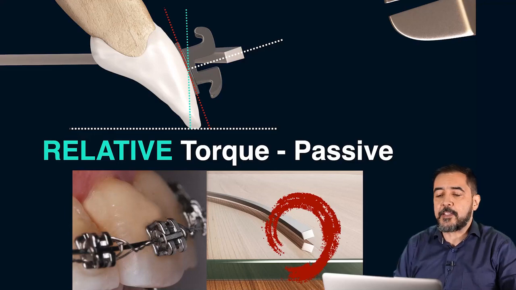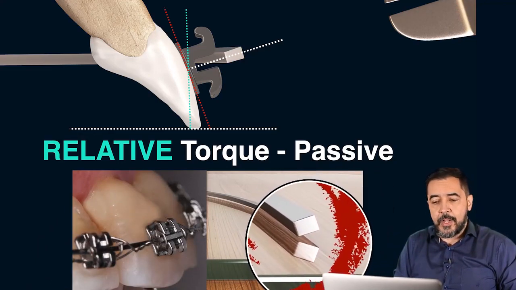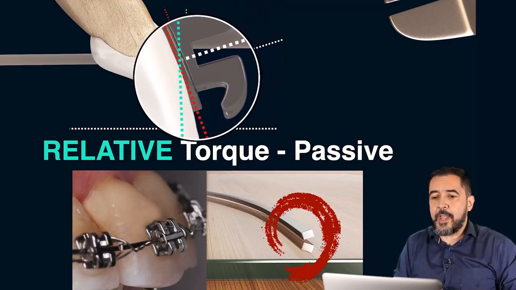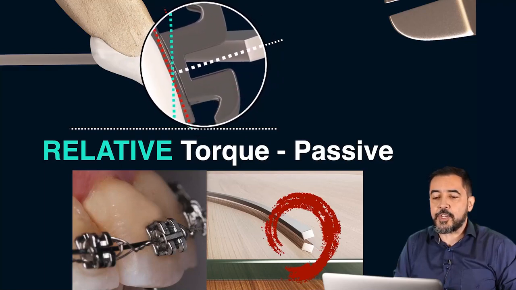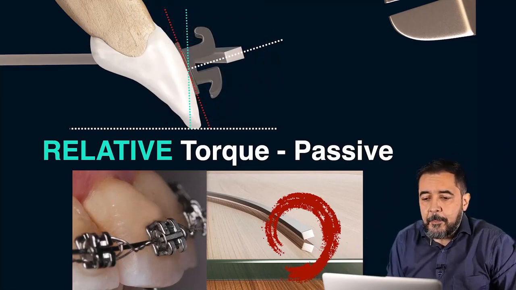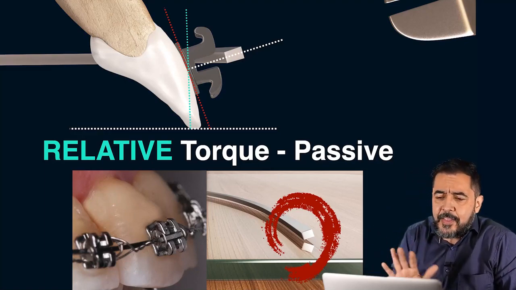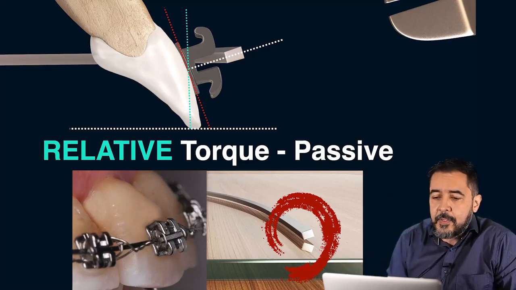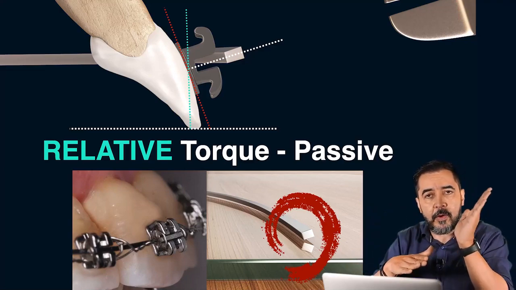In this case, as you can see, we don't have a neutral real torque anymore. We have this inclination of the crown and this inclination of the slot, which is the same as the crown, minus the inclination embedded inside the bracket. But let's think, for example, of an edgewise appliance, with the same inclination of the slot and the crown.